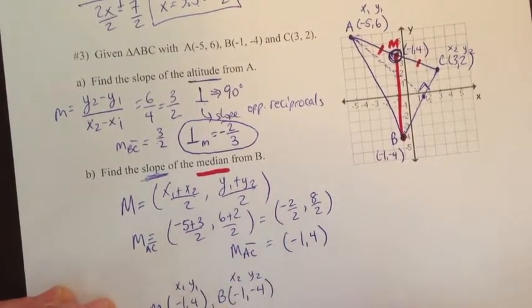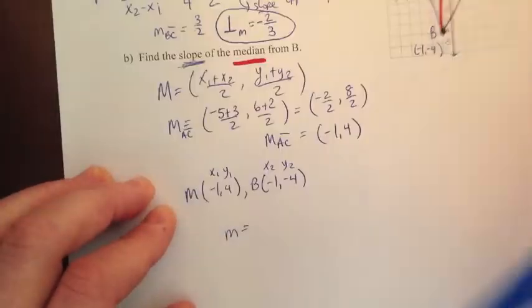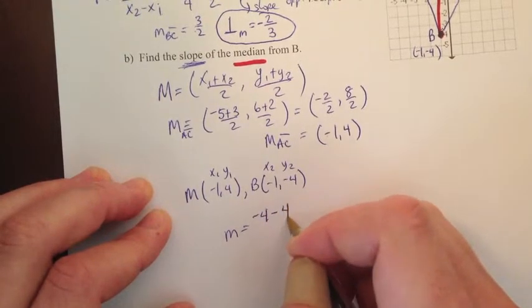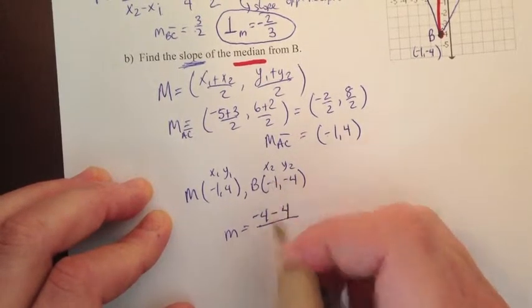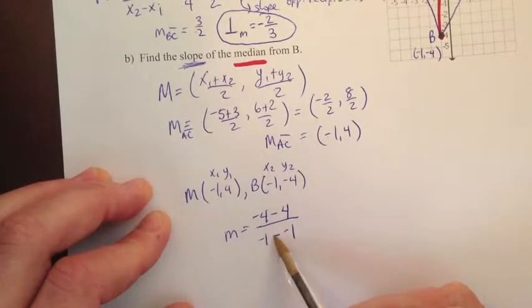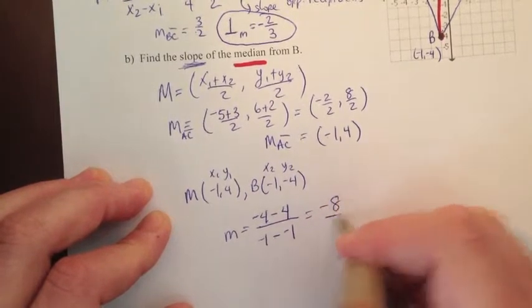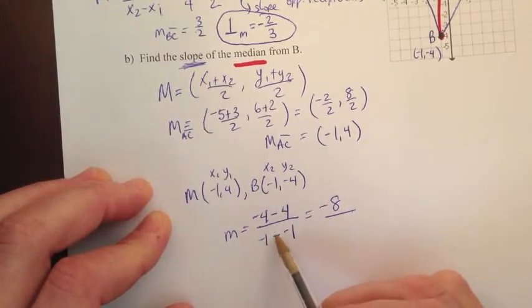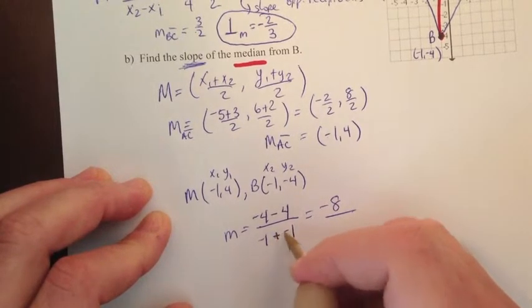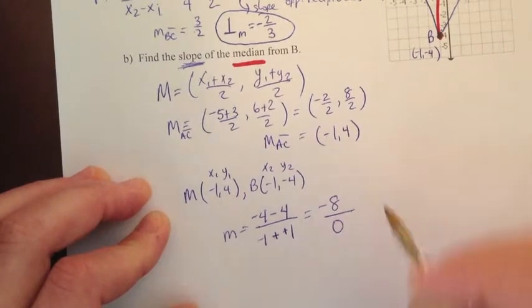Let me do the slope formula. m equals y sub 2 minus y sub 1 all over x sub 2 minus x sub 1. Now I'm subtracting. Negative 4 minus 4 is negative 8. This is negative 1 minus a negative 1. Minus a negative, both of those become positives. Negative 1 plus 1 is 0.